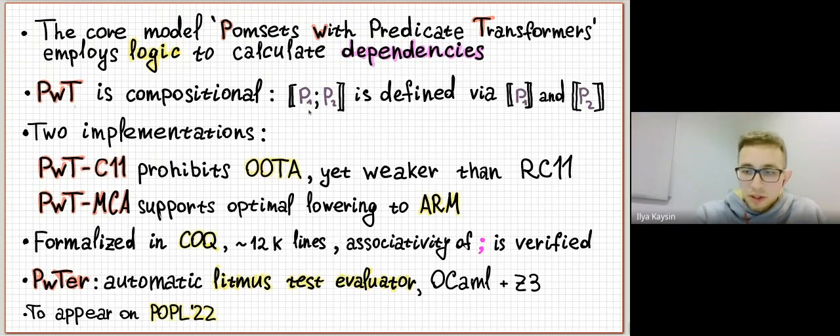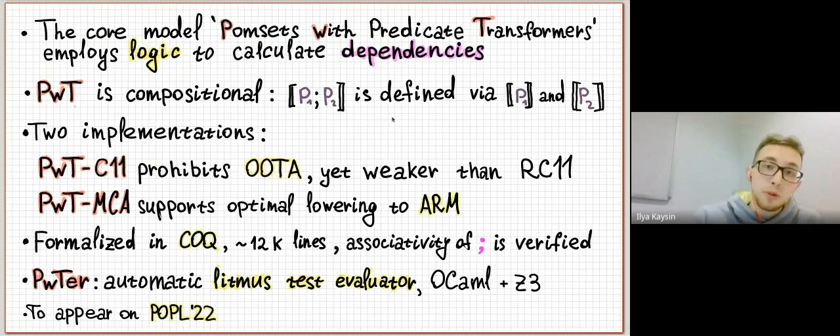So instead of defining the semantics of adding an instruction to the end of the program, we define the semantics of a proper sequential composition, right? And it has a lot of benefits. For example, now we can prove the correctness of some compiler optimizations.